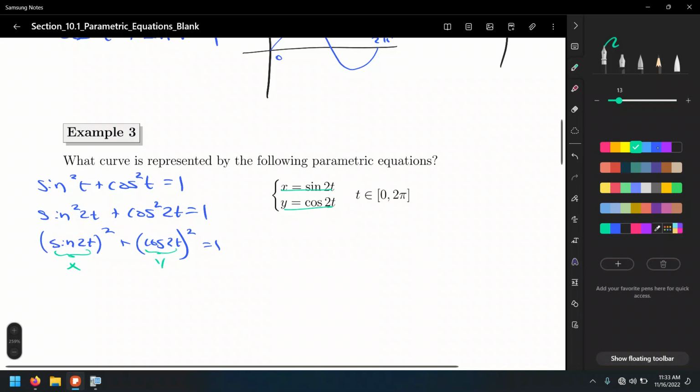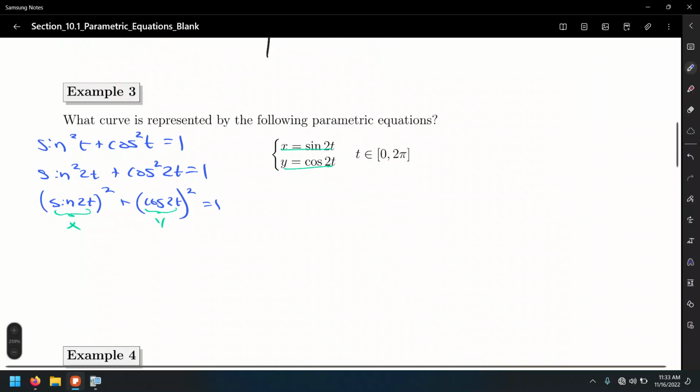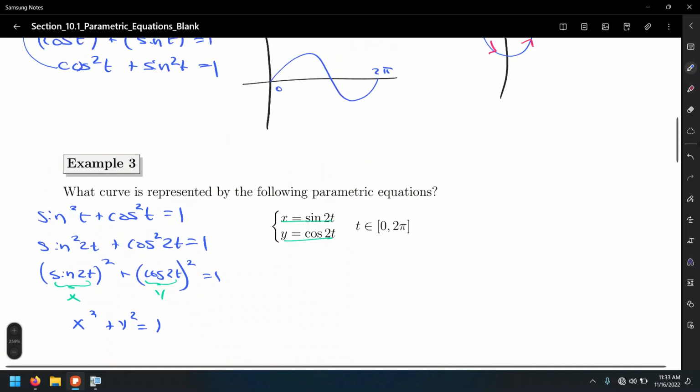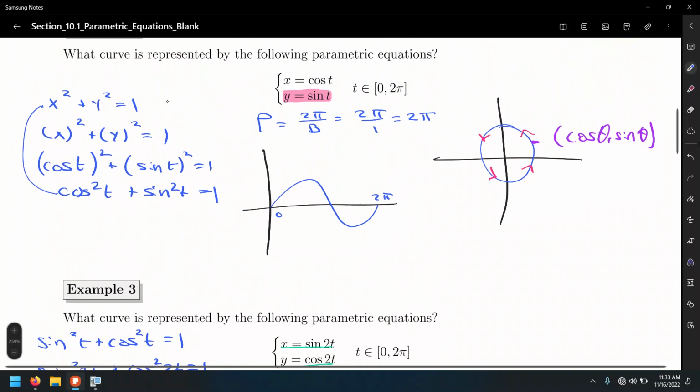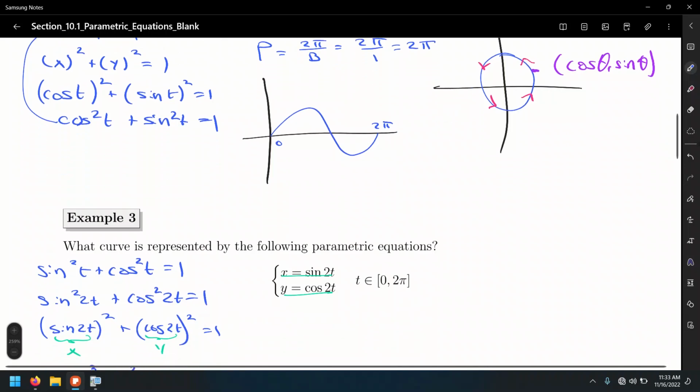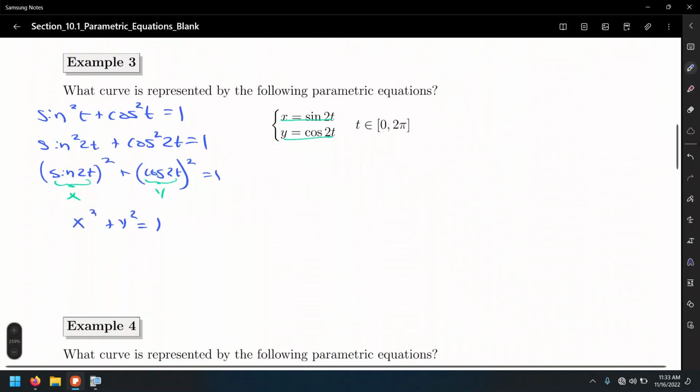So we can go back and replace the corresponding parametric functions with their corresponding variables: x squared plus y squared. And again, what do we have? The unit circle, isn't it? Which is the same unit circle as in the previous example, right? However, in parametric form, these two unit circles are different.